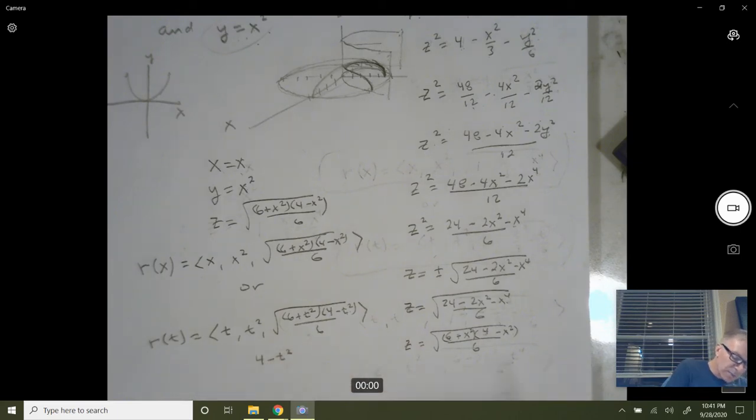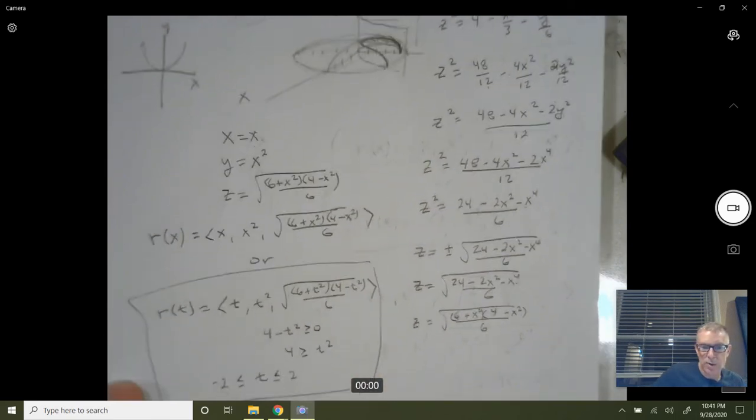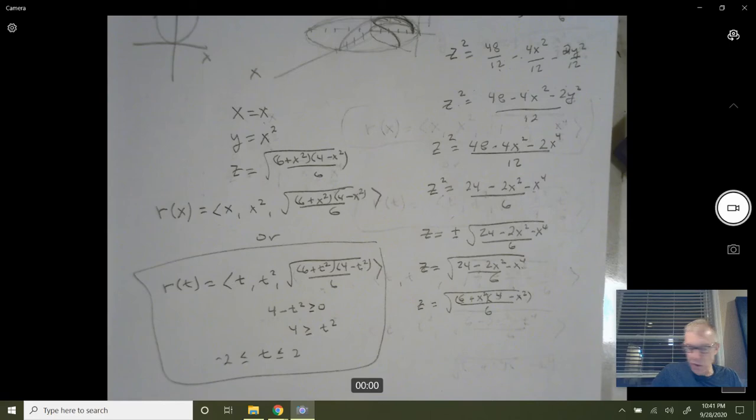So we want it to be positive, greater than or equal to 0. So we need 4 greater than or equal to t squared. And that happens when t is between negative 2 and 2. So we've got t between negative 2 and positive 2. Okay. So we can limit our parameter to that.